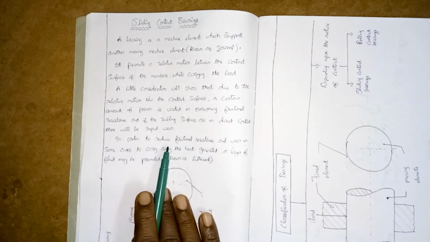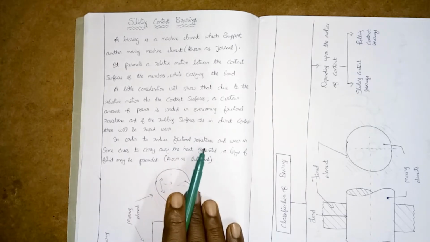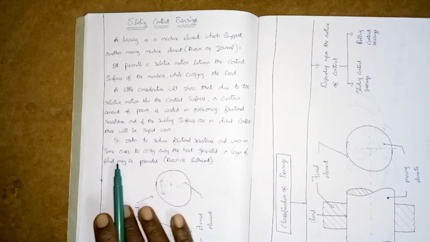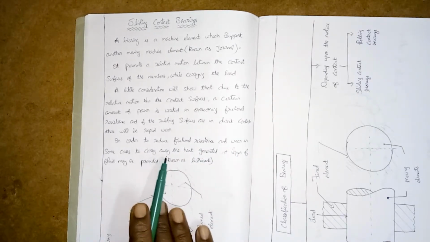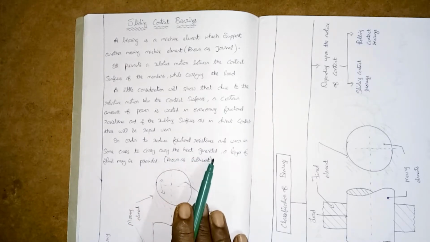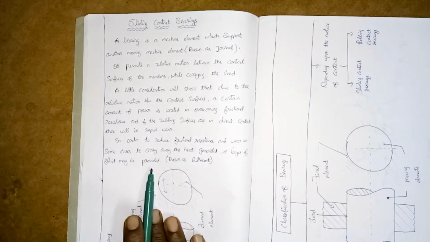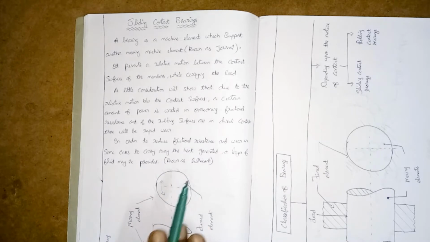So in order to reduce frictional resistance and wear, and in some cases to carry away the heat generated, a layer of fluid known as lubricant may be provided.